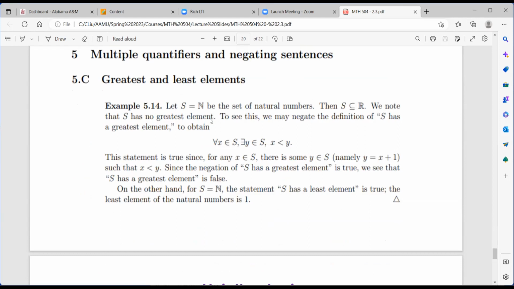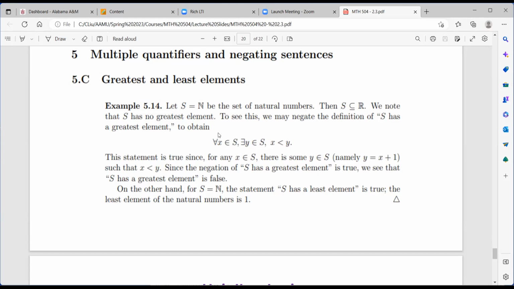Okay, so remember, S is the set of natural numbers. So for any natural number x, there exists another natural number y such that x is less than y.